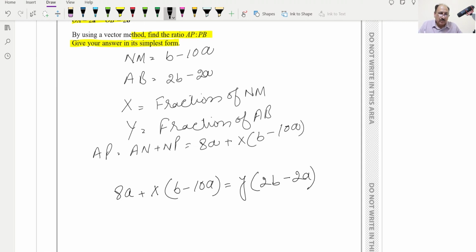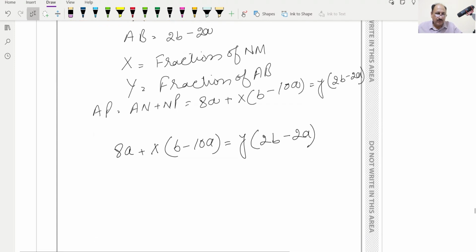This is equal to y into 2b minus 2a. This is the equation we wrote over here, and this is the step explaining how we wrote it. Hopefully you understood. Now the rest is just simplification.